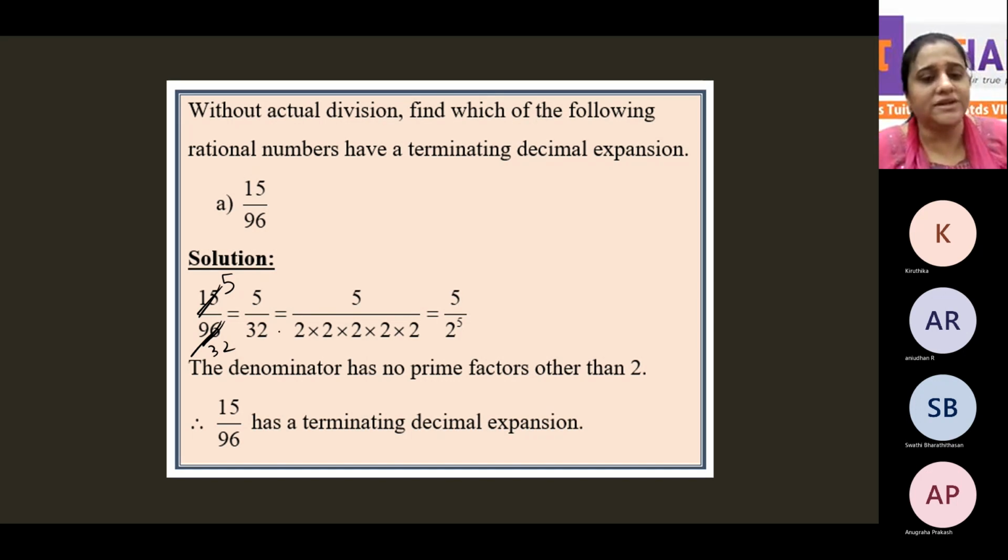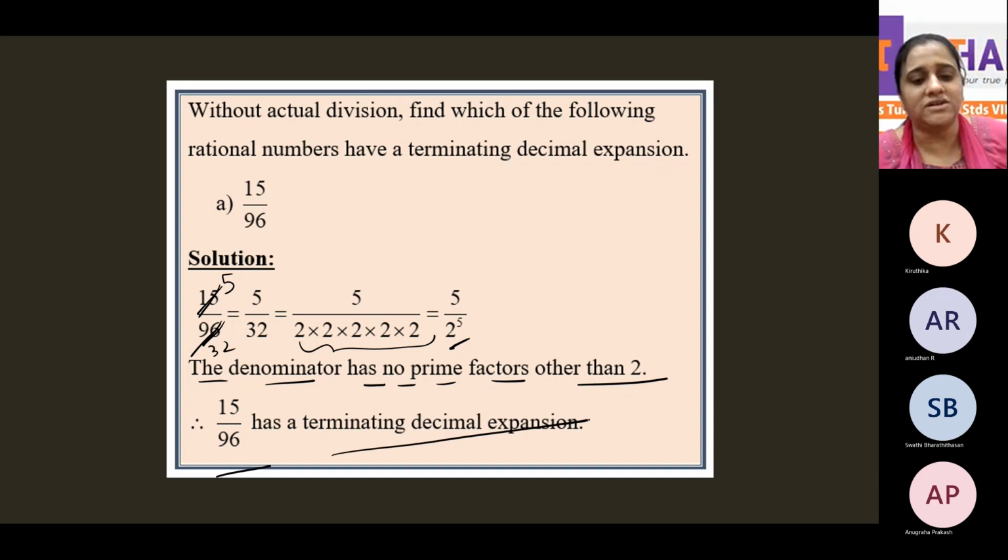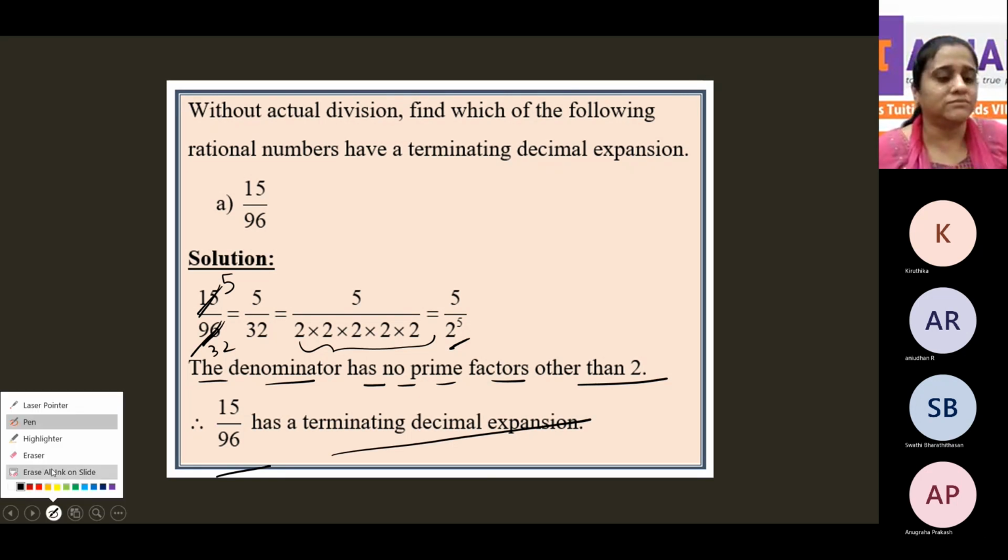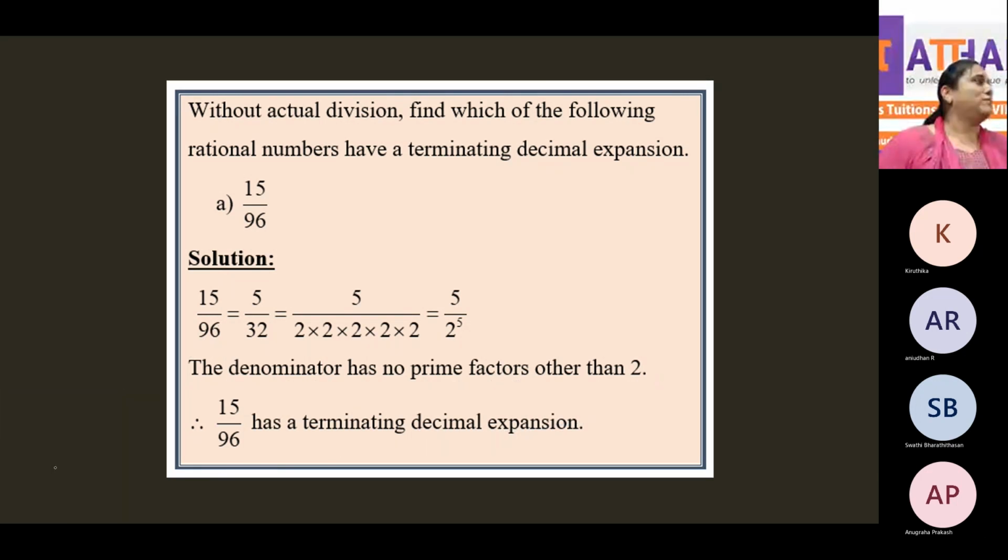Write 5 as it is, and 32, its prime factors, is nothing but 5 by 2 to the power 5. The denominator has no prime factors other than 2, correct? Therefore, 15 by 96 has a terminating decimal expansion. This is how you present it. First, put it in the simplest form, 5 by 32.